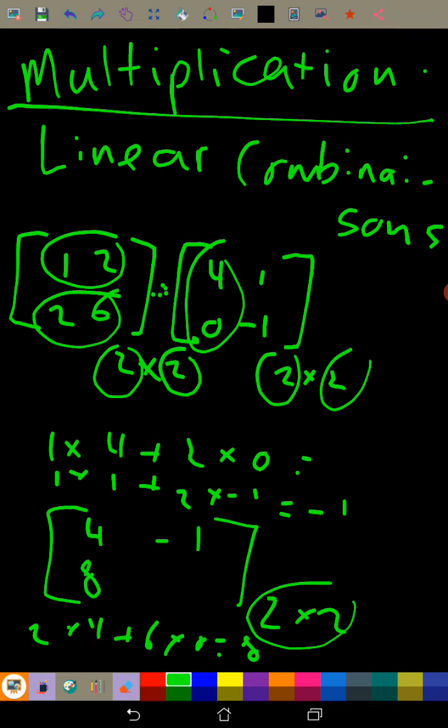Then we have 2 times 1, 2 plus 6 times minus 1, minus 6. So we have minus 4. We have something like this. I don't know if it's correct, but yes, I think it's correct.